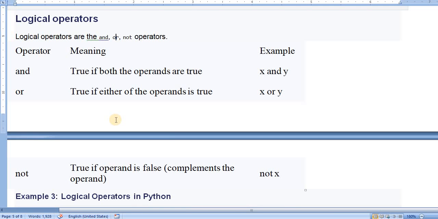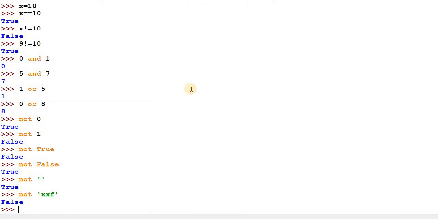And it is also used when you compare more than one comparison. For example, if you want to find whether a value exists in a specific range, for a specific range we are using the logical operator. I'll give you an example.